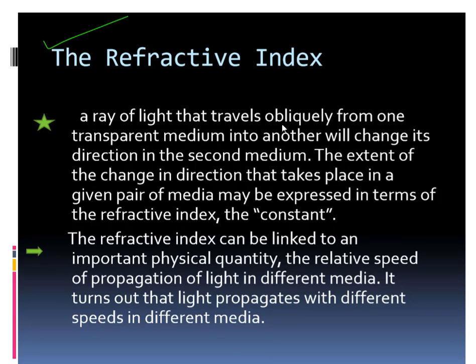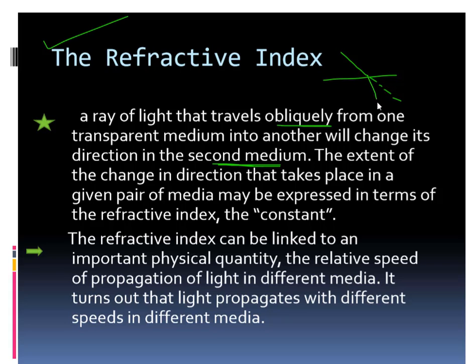A ray of light that travels obliquely, here you should keep this one in mind, it should travel obliquely, not perpendicularly or parallelly, from one transparent medium into another will change its direction in the second medium. That means whenever a light is traveling from one transparent medium to another transparent medium, it will not go on its original path.